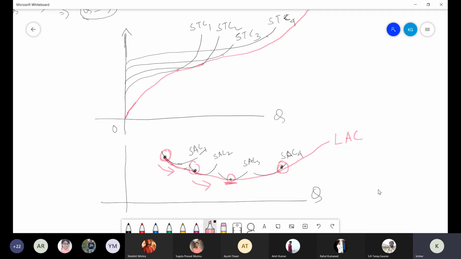Okay, last 1 minute. Because of that, this is a traditional cost concept. But what is happening in the modern cost concept? In the modern cost concept, people are not that much bothered. Suppose I am a producer. Initially I try to bring my average cost of production as low as possible.